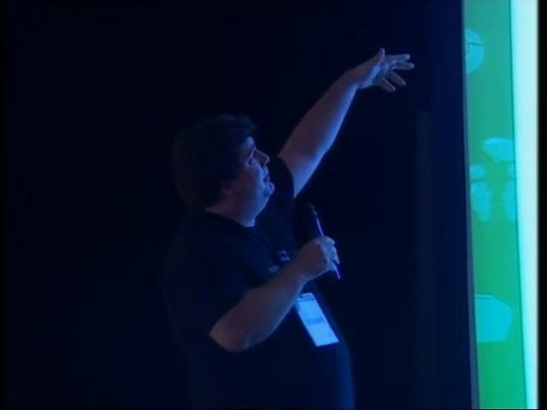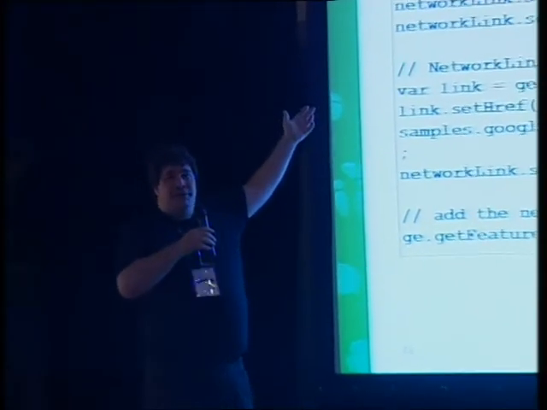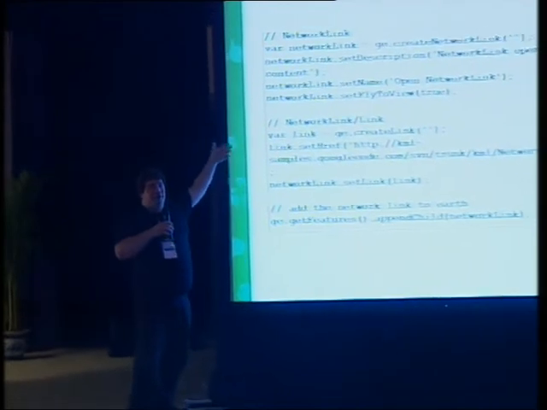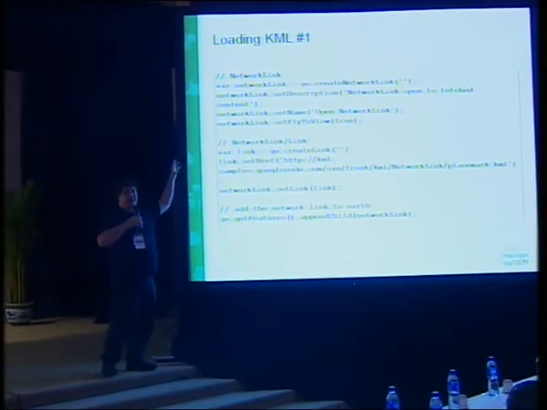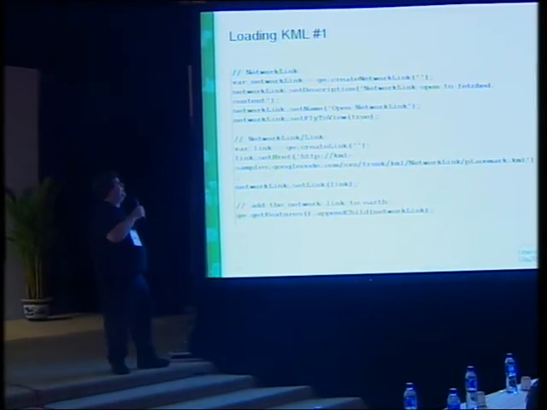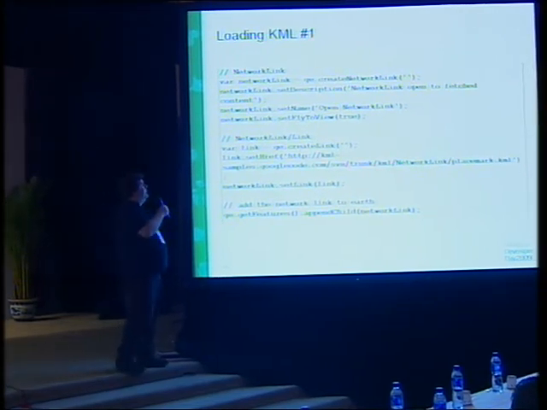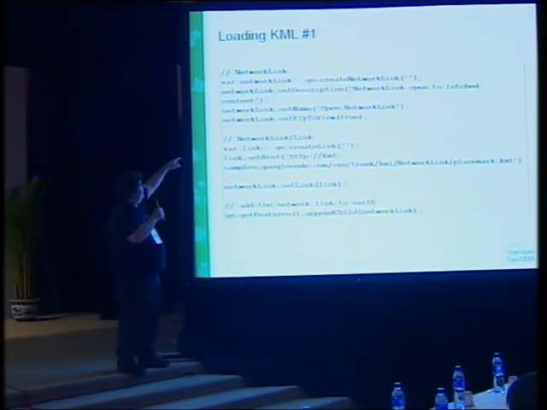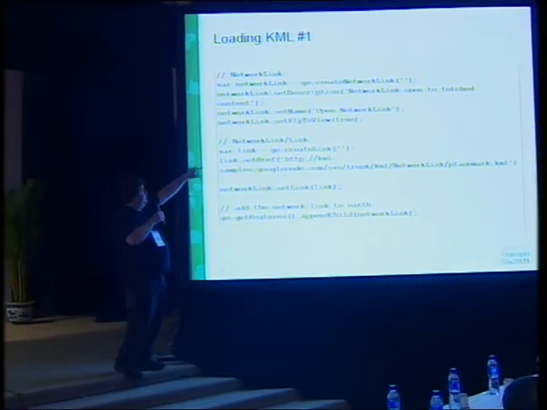So there you are, you create the KML, and you can give it a description and a name, although that's not particularly relevant to you because you don't have a UI that sits in the left pane like you do in the Earth client. Set the fly to view to true.